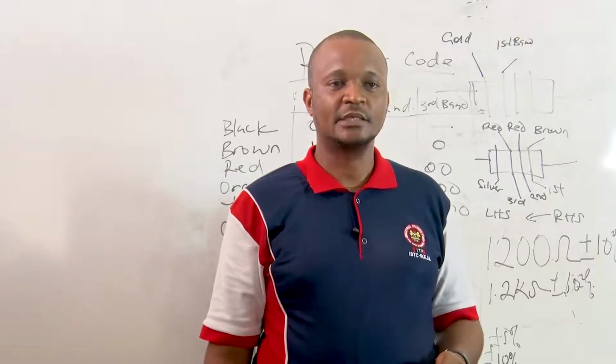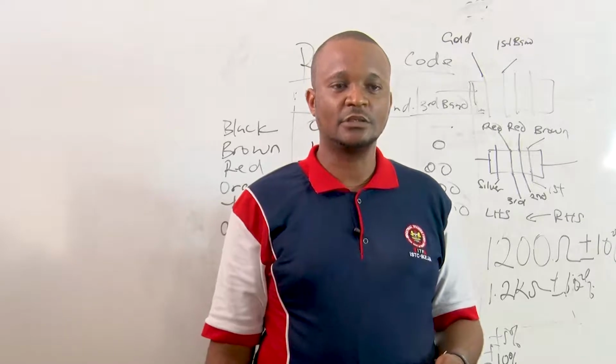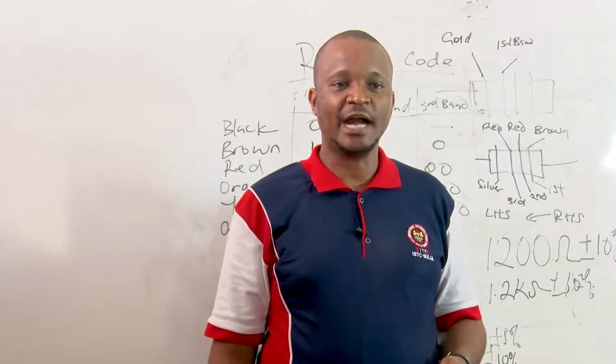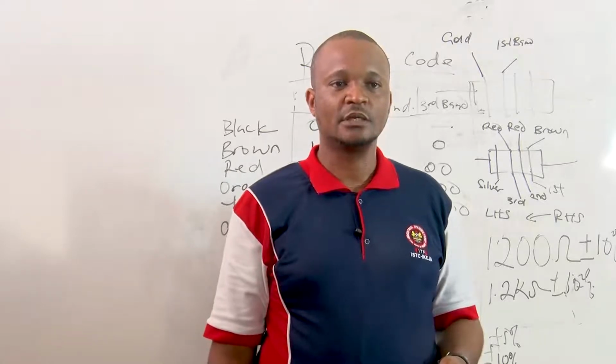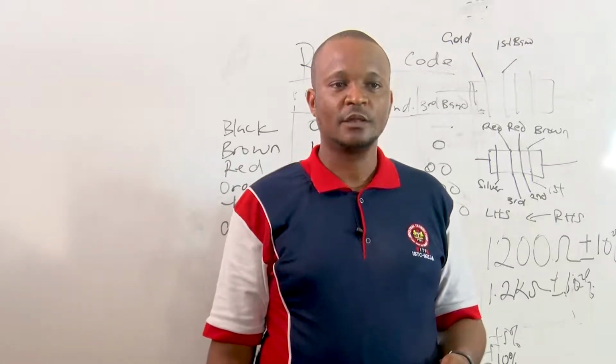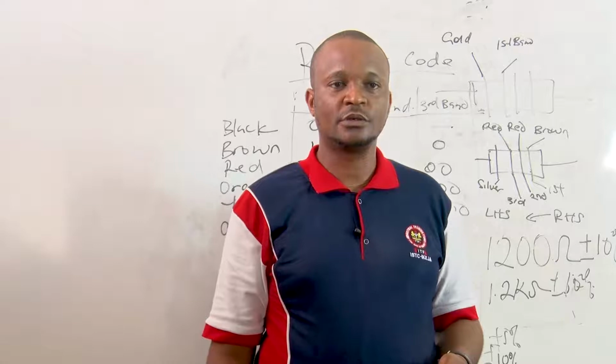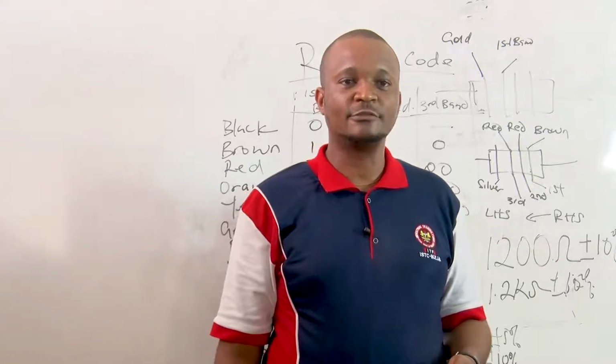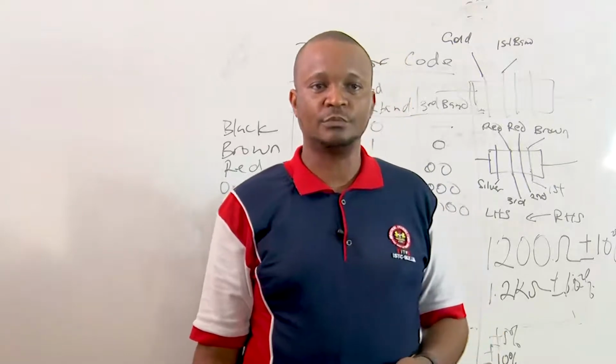And then the last is green, which is the multiplier. Green is 5, so we have to add 5 zeros. When you add the 5 zeros, you get 4,700,000, which gives you about 4.7 mega ohms.